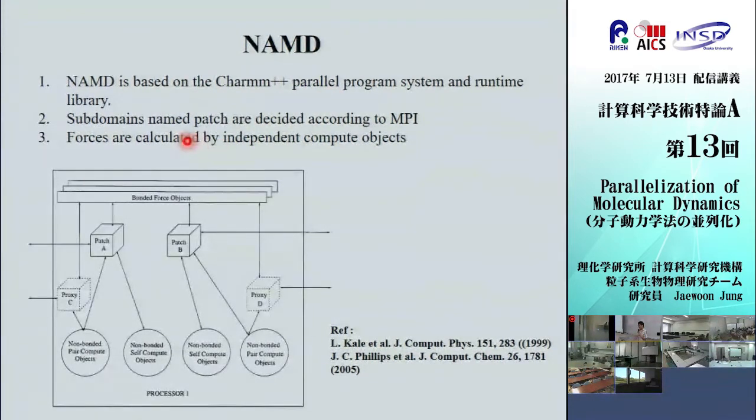In NAMD, subdomains named patches are decided according to MPI, and forces are calculated by independent compute objects. If you see, there are patches, which are identical to subdomains in domain decomposition. According to each patch, they decide the objects of computation, and they distribute these computational objects.